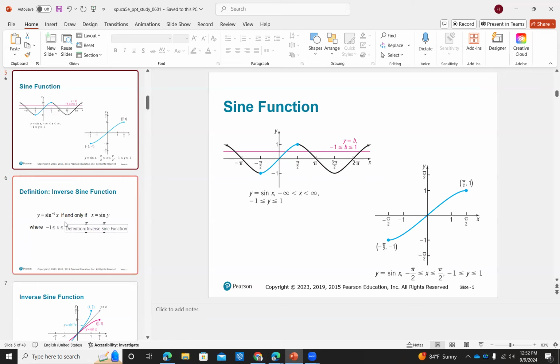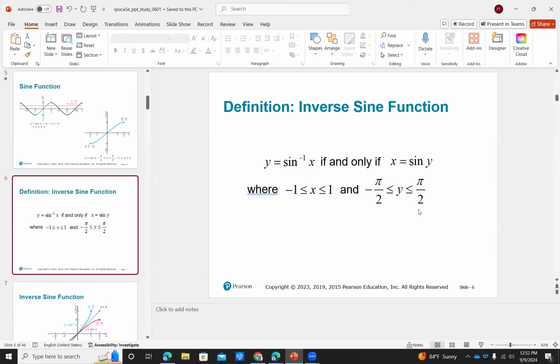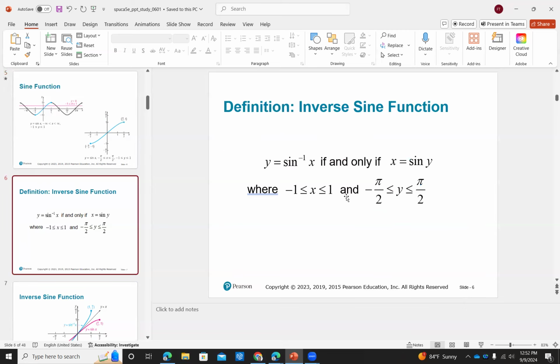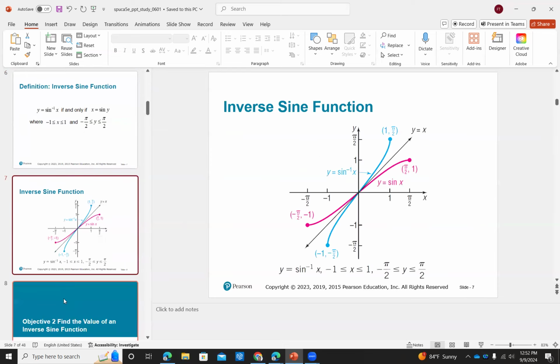Now this becomes the range. And the range of the sine function, which is the set of the y values, becomes the domain for the inverse sine function. So inverse sine function is going to go from -1 to +1, and the range is from -pi/2 to pi/2. Okay, we're going to have some examples to understand. So when we go over the example about sine of x and inverse sine of x, you can come back to this part of the video and listen to this explanation again.